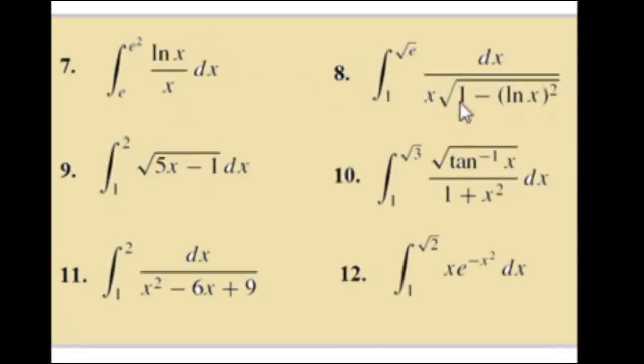And problem 8, you have to substitute 1 minus ln x whole square, or only ln x equals z or y, then you will get 1 by x dx, and you can calculate this. And similarly, problem 9, you have to consider 5x minus 1 equals a new variable and then differentiate and try to solve the following problems.